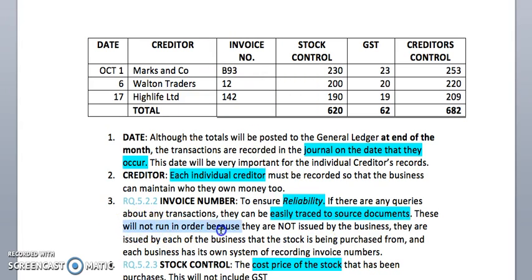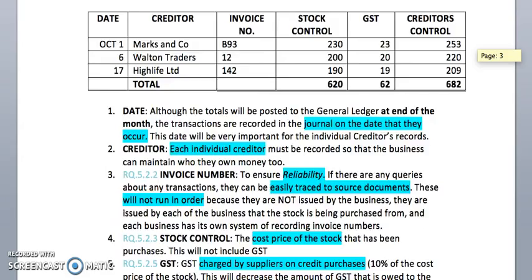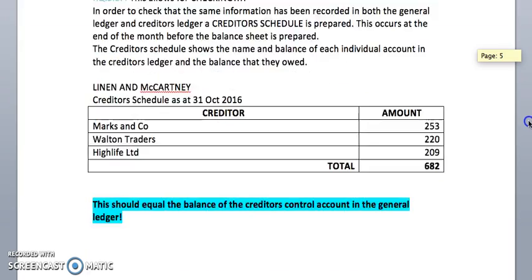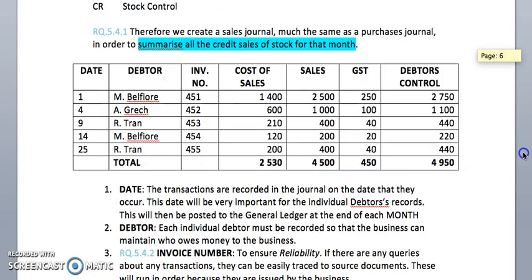They will not run in order because the other firm is sending their stock to us and they're going to have their own invoicing system. However, if we're talking about the sales journal, the invoices will run in order because we're issuing these credit invoices. So please make sure that you know that this one runs in order and should run in order, and there's a problem if it doesn't run in order, versus the other one which will not run in order.